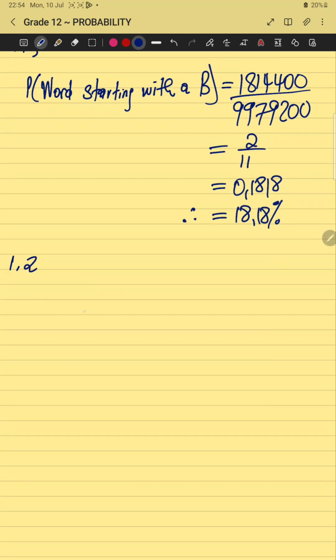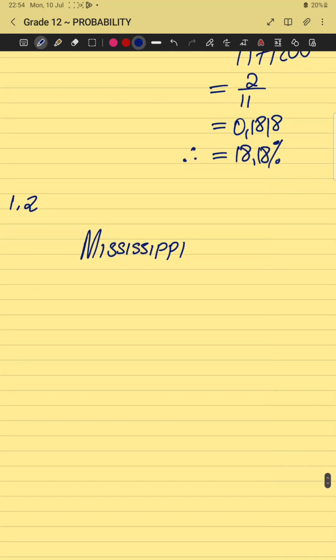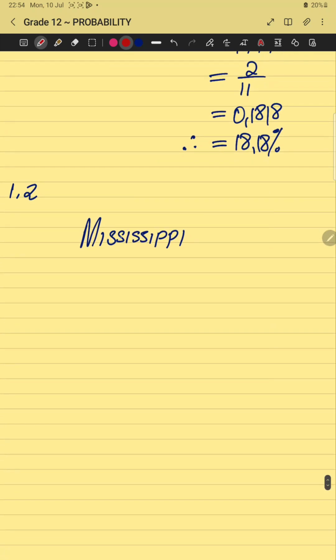Okay, so we're given the word Mississippi. So this is the word. So let's count, and then we also check the letters that are repeated. So we've got S, how many S? 1, 2, 3, 4.